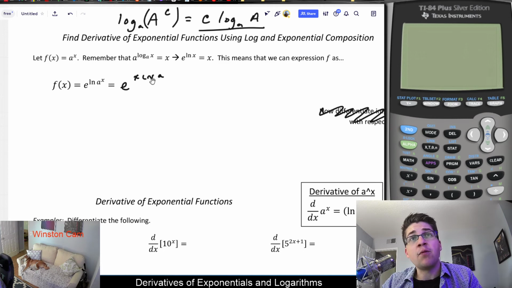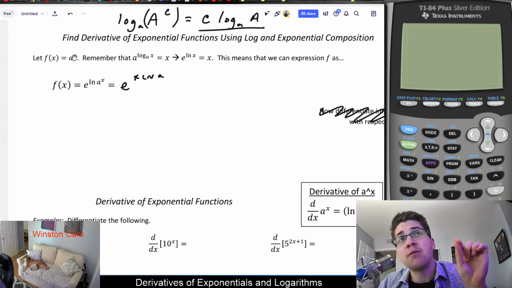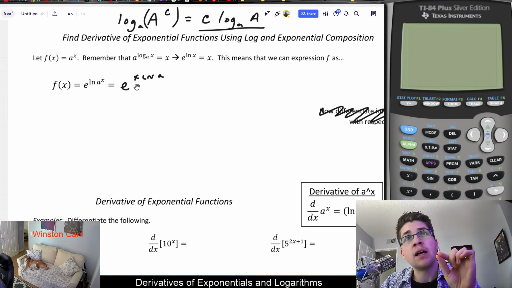And why that's helpful is, well, notice that my function, I've taken a base a function and I've rewritten it using e. And the reason why this is helpful is because we already know the derivative of e to the x. It's exactly itself. What we don't know is what's the general derivative of a to the x. And my point is, you can take any based exponential and you can change it to e using this property.